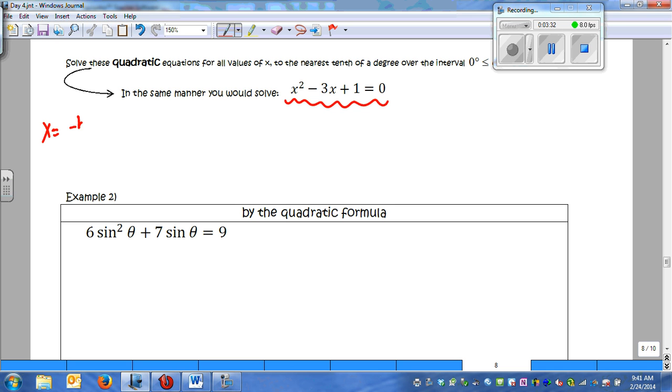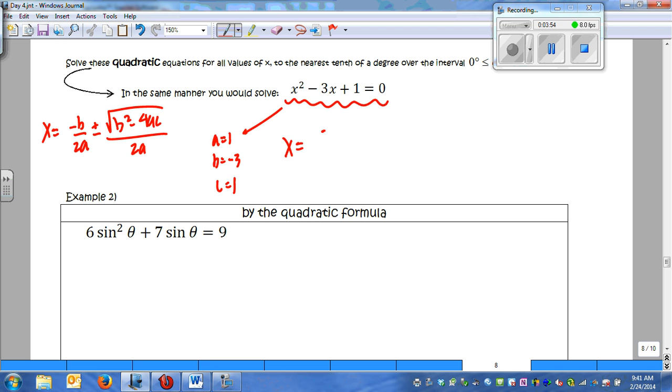X equals negative b over 2a plus or minus the square root of b squared minus 4ac, and that is over 2a. For this one, our a, b, and c would be 1, negative 3, and 1. So the quadratic formula would look like this.